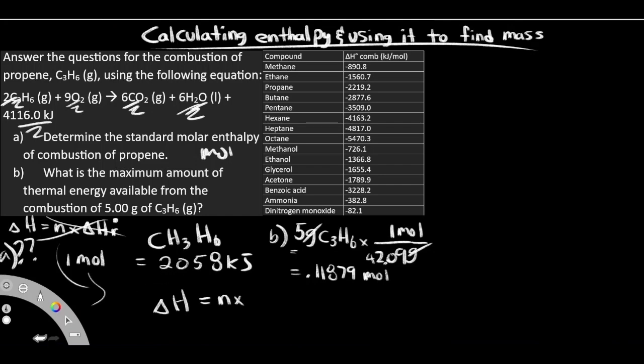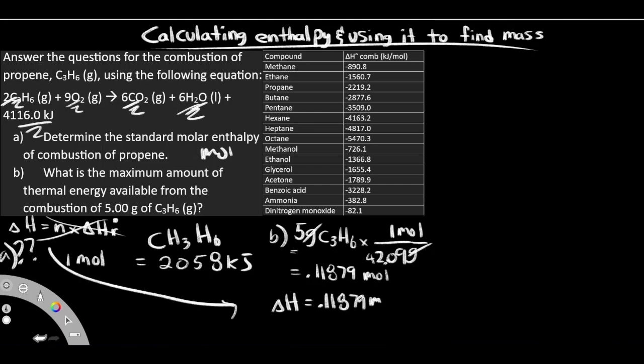So again, I'm just going to put delta H is equal to our amount of moles, which is 0.11879 moles. And I need to multiply it by their standard molar enthalpy. Well, we've already figured out what the standard molar enthalpy is. It's this much energy released per mole of that. So this is released, so I can change this into a negative because it's an exothermic reaction. So negative 2058 kilojoules per mole.